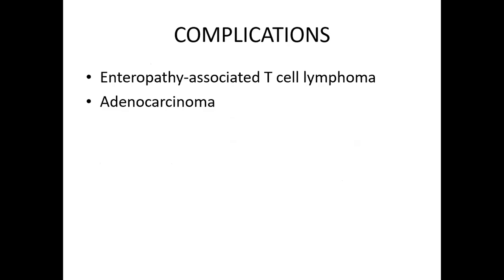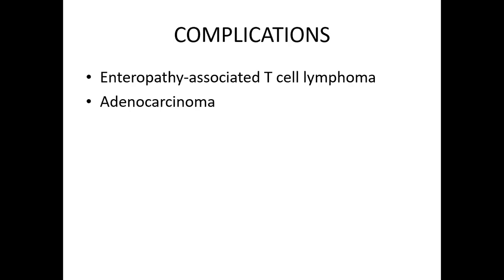Celiac disease patients are more likely to develop a lymphoma, which is called enteropathy associated T cell lymphoma. This is a very aggressive lymphoma. The second complication is adenocarcinoma of the small intestine. This is also more common in patients with celiac disease.